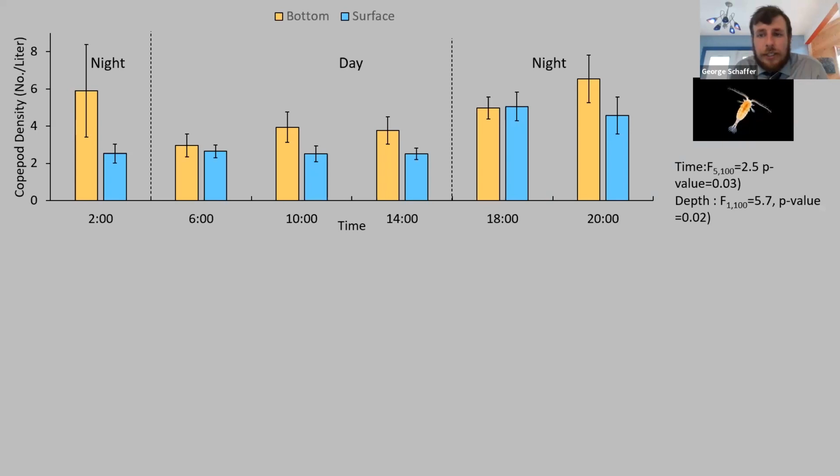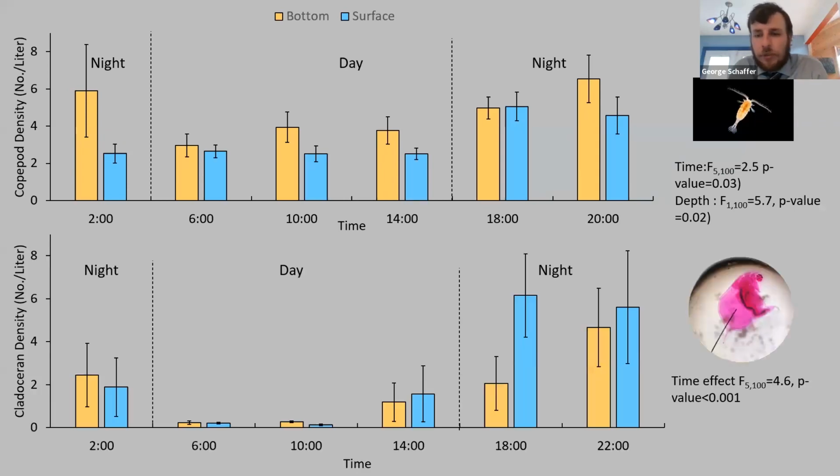So we saw a time and depth effect for off-channel copepods, with the bottom depth having a higher density than the surface. But the main effect we saw was with time, where copepod densities were higher at night than during the day. And we're seeing a very similar story with off-channel cladocerans, except we only saw a time effect.